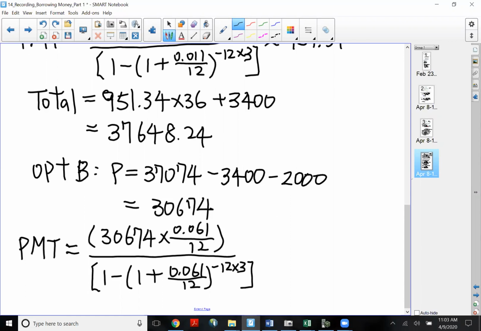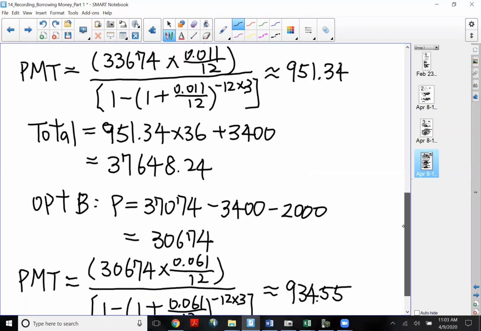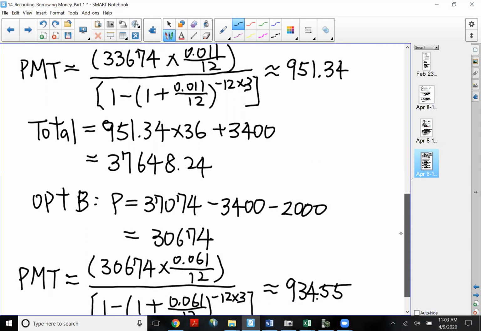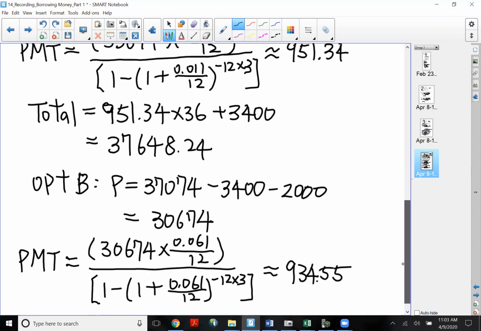Once you punch it in, you'll find this monthly payment will be $934.55, which is not that much of a difference, almost 20 bucks.